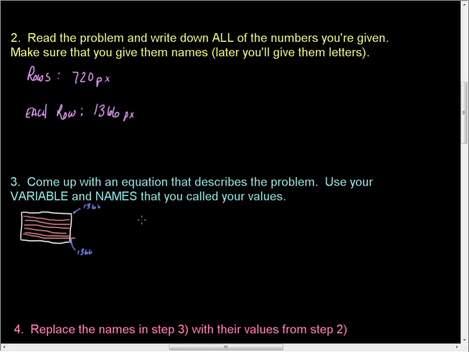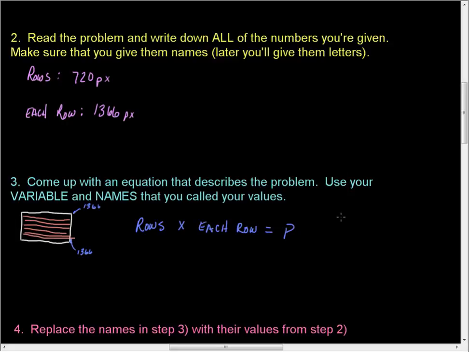It's really the number of rows times each row, and that is the number of pixels. But pixels, remember, the number of pixels was p. Notice there's no numbers here, just names.